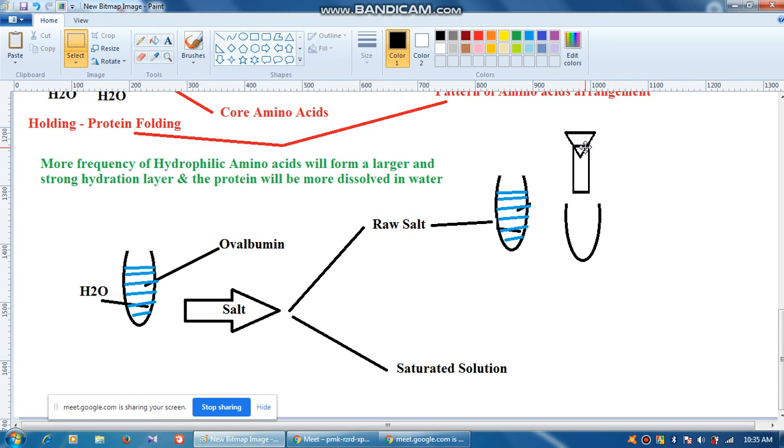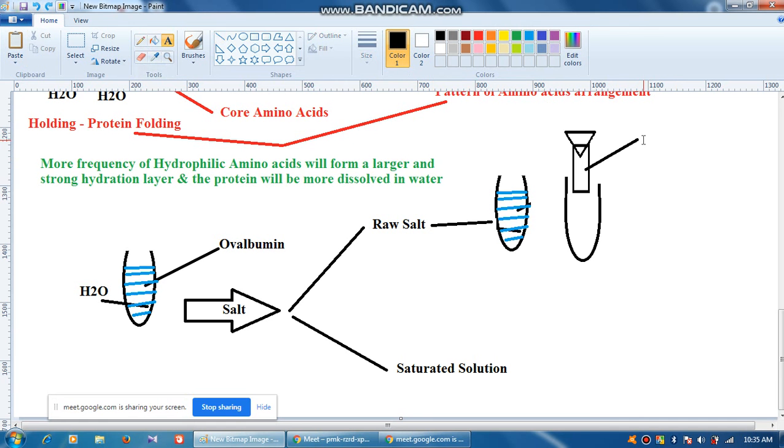So what we have is this test tube, and in the test tube we have added the funnel, and we have also added a filter paper.